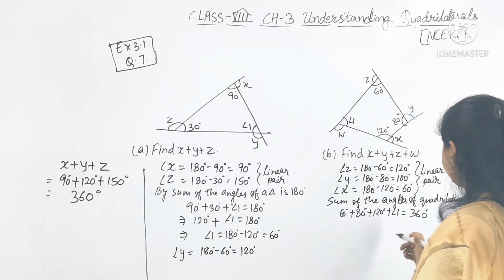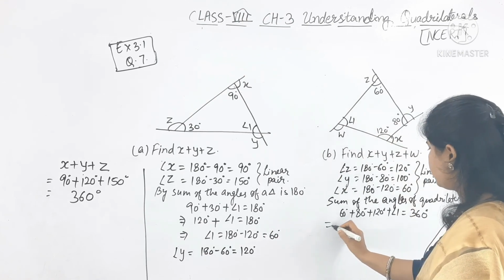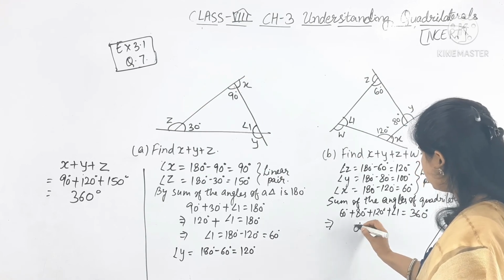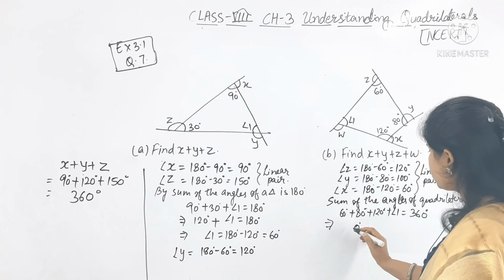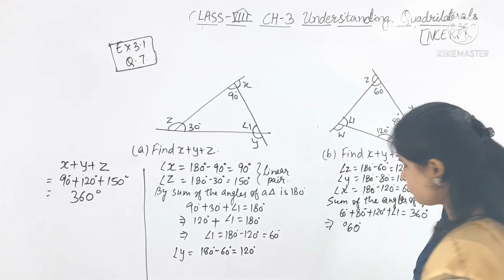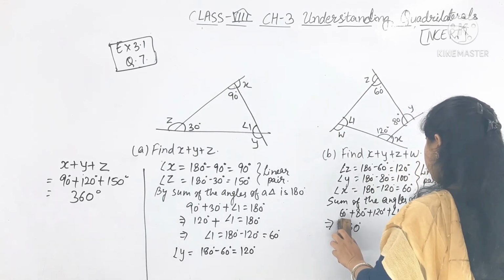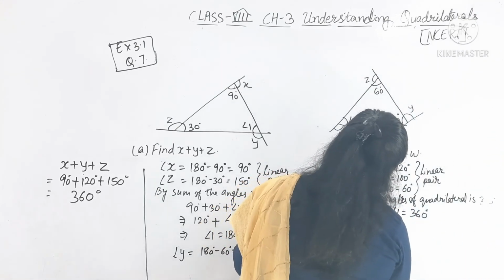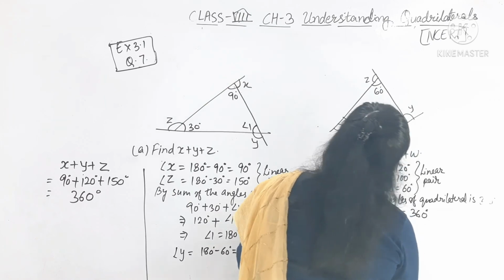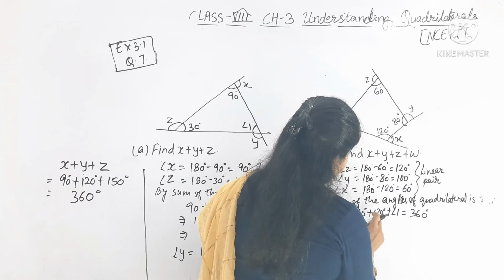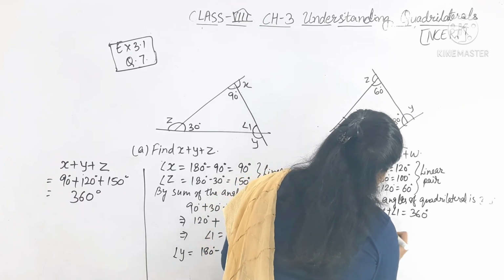So here, 8, 9, 10, 10 plus 6 is 16, and I am getting 260 degrees.